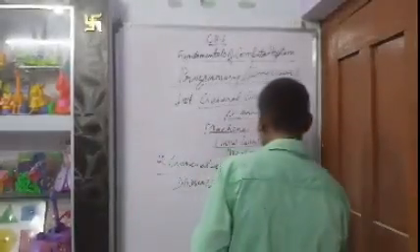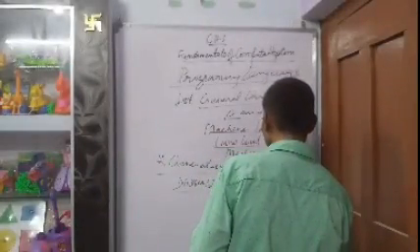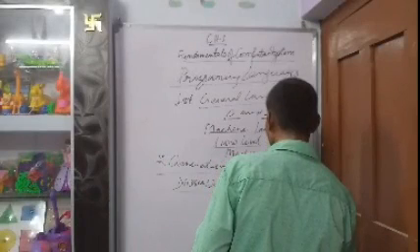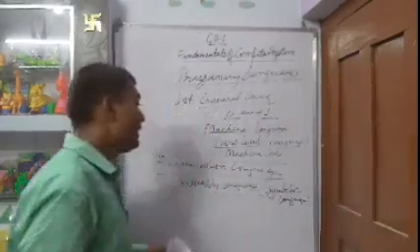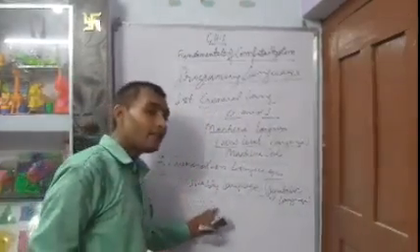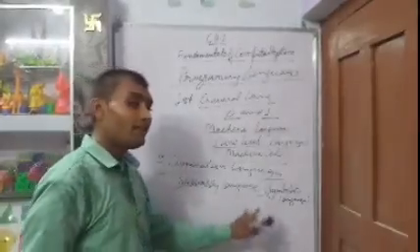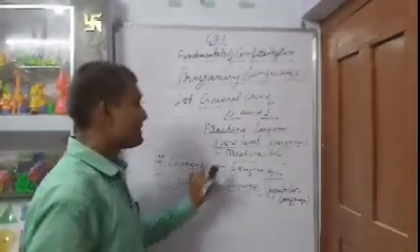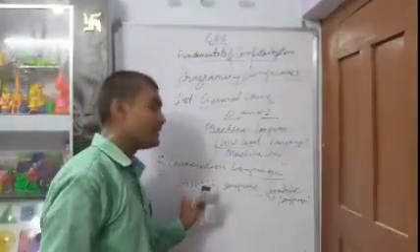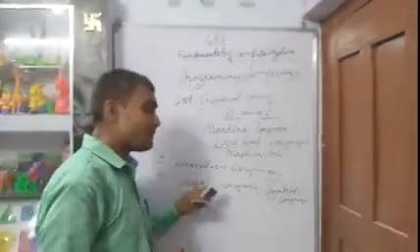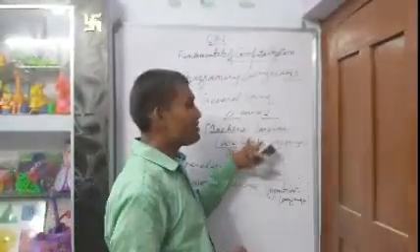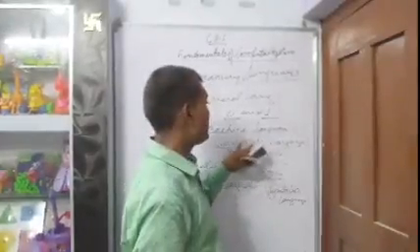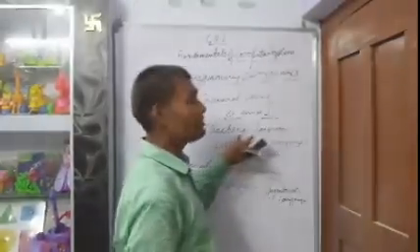Assembly language is a symbolic language, and to convert this assembly language into the machine level language, we use assembler, which we discussed earlier in our video. So assembler converts this assembly language to the machine or low level language, that is the machine language.